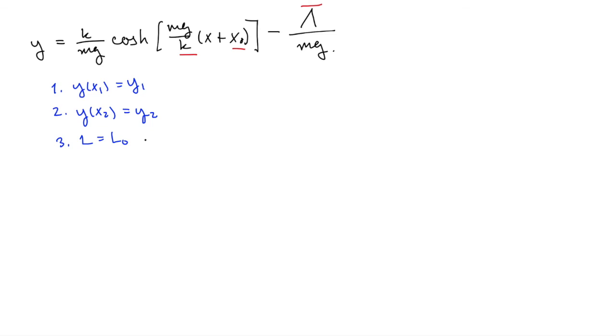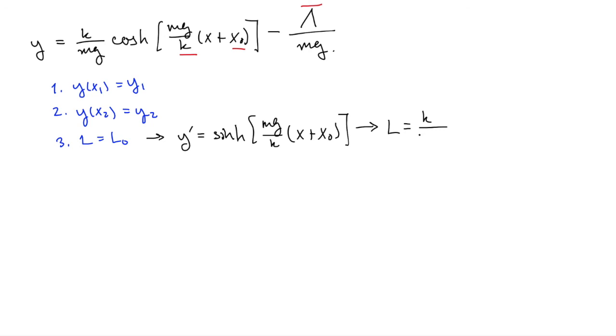Okay, so for the constraint, we note that y prime is equal to the derivative of this guy, a particularly simple form, hyperbolic sine of mg by k, x plus x naught. That is, all the constants drop out. And that means that our integral, L, is equal to k over mg.